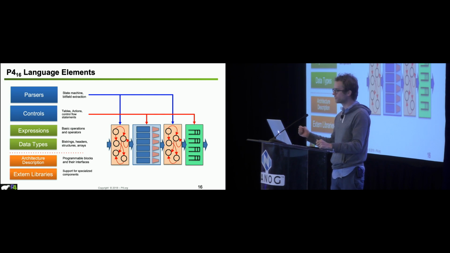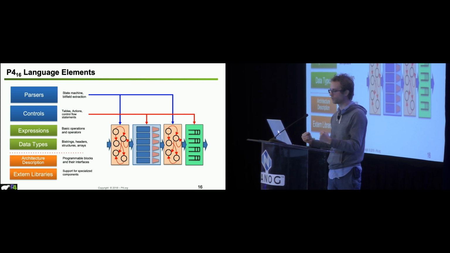We cannot constrain vendors who are willing to use P4 to assume a specific architecture for their hardware. And so we created the notion of architecture so that vendors can describe exactly what they expect from the P4 programmer.